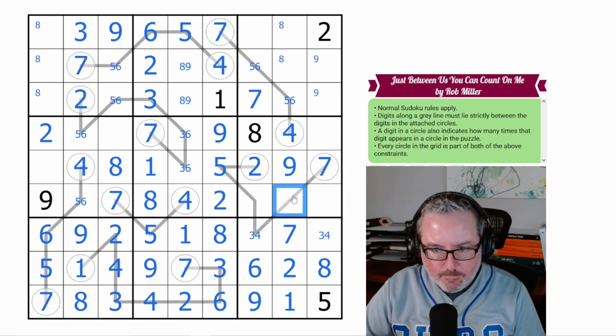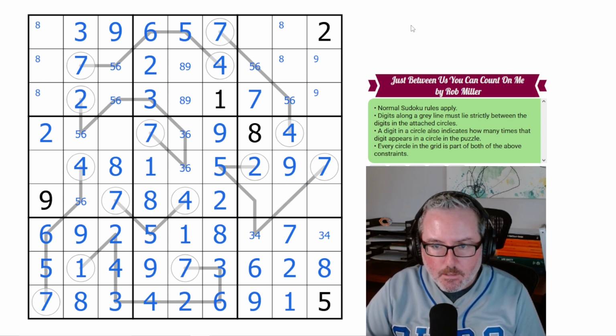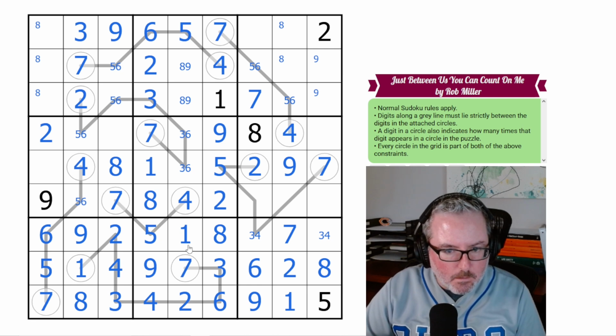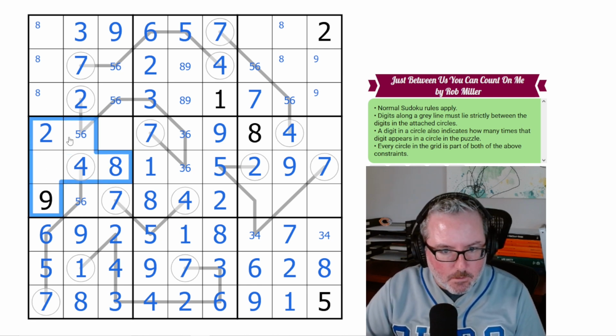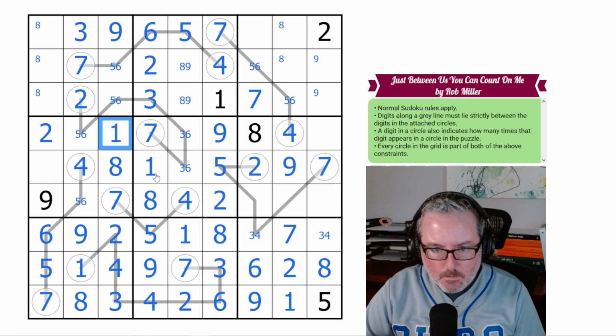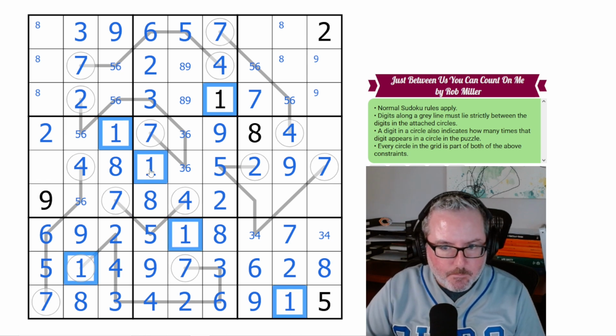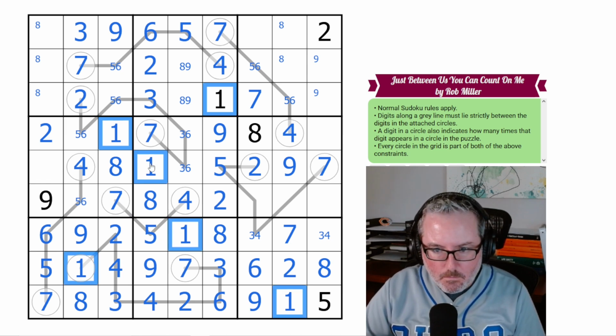It can't be 4, but that's the only thing it can't be, so I don't think we're going to get anything there. Let's look around. Where does a 1 go here? It's got to go here. Maybe we can finish off our 1s.